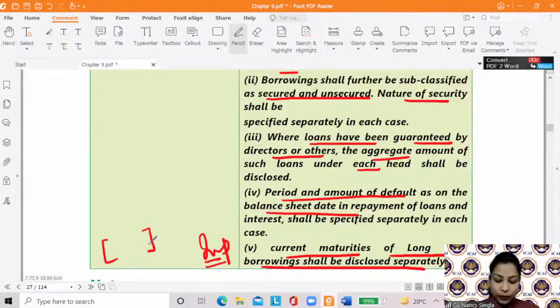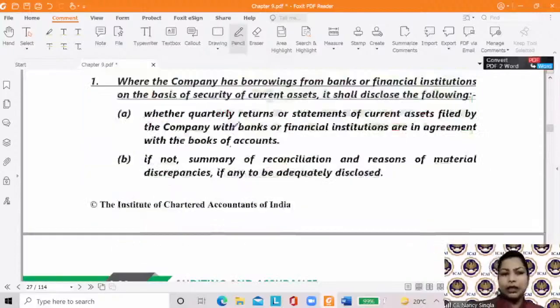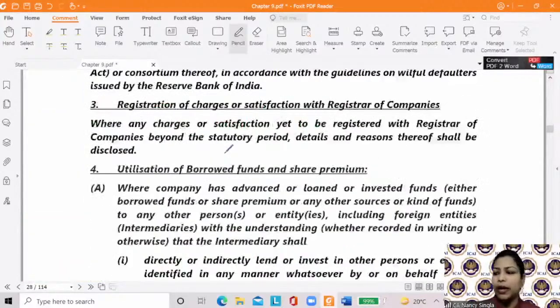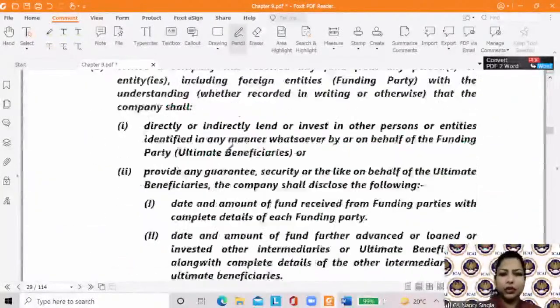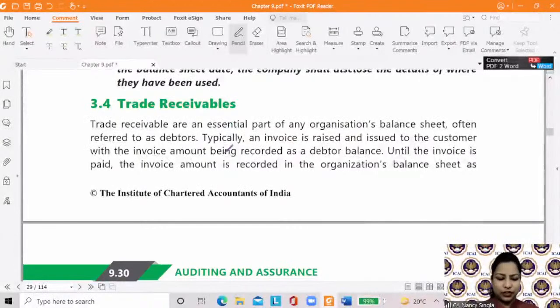So with this, we have finished our borrowings part, and in your module, a number of notes have been given under this, of which I have skipped one note with respect to your share capital, and I'm skipping these 5 notes also. We'll be doing them in the next session. I hope this is clear.